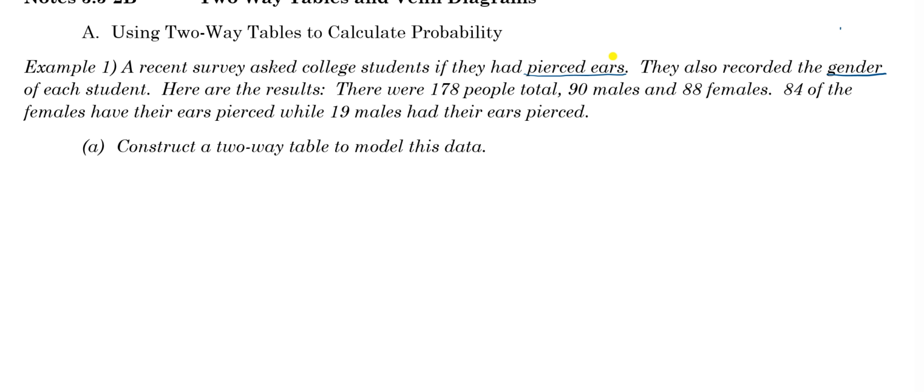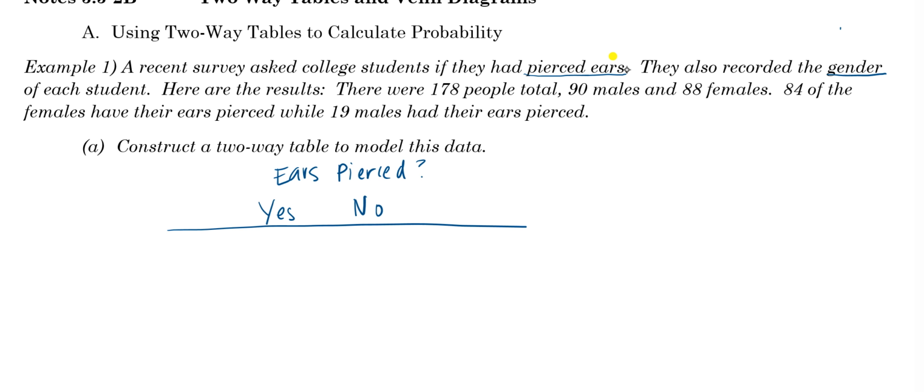So we are going to create a table that shows pierced ears and gender, those two variables, and within those variables should have categories. So for example, I'm going to go ahead and put ears pierced on top. And basically for ears pierced, either a person does have their ears pierced or they do not. Okay. And then as far as gender goes, we're going to assume simplicity here.